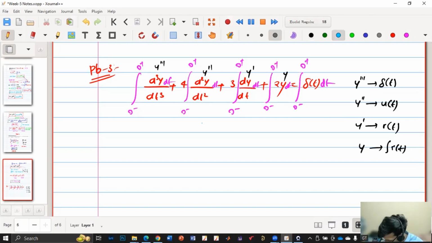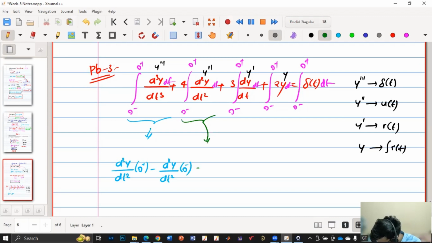Now, I'll write step by step. The first term will become d square y by dt square at 0 plus minus d square y by dt square at 0 minus. That is the first term. The second term will become dy by dt at 0 plus minus dy by dt at 0 minus.